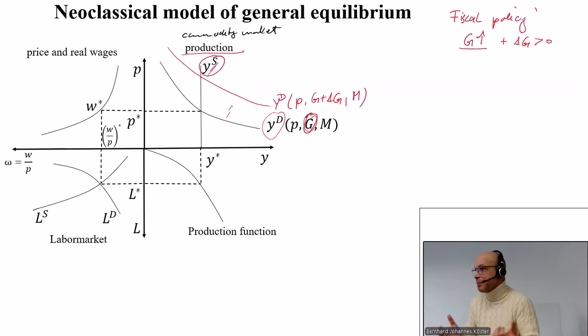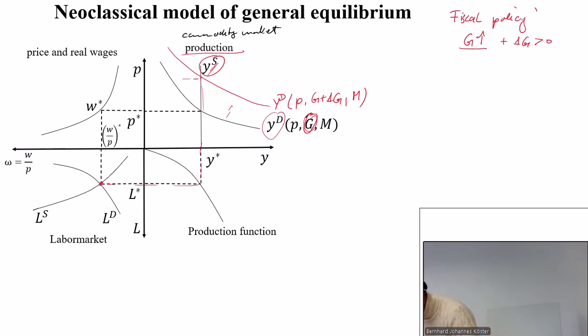We are still the same persons. So labor supply is not changing. Also, the production possibilities of the firms are not changing. They still have the same machines. So labor demand is not changing. So here also nothing is changing.